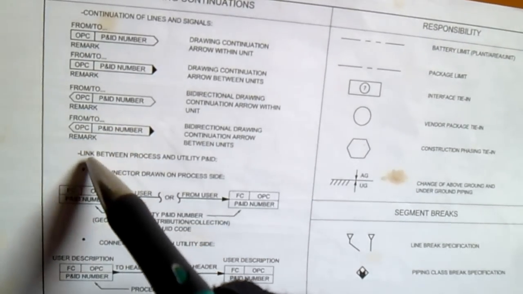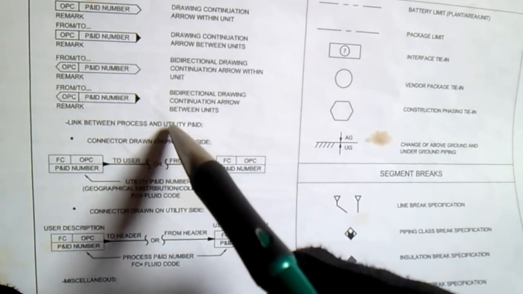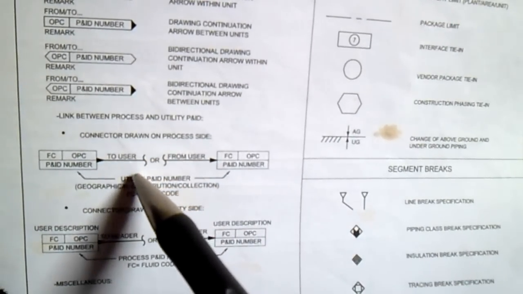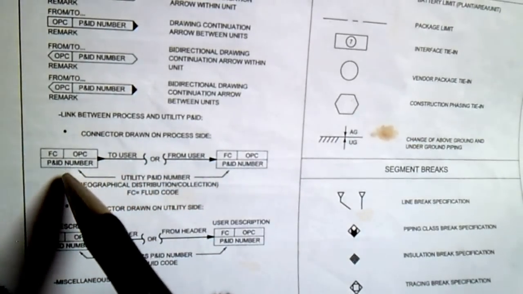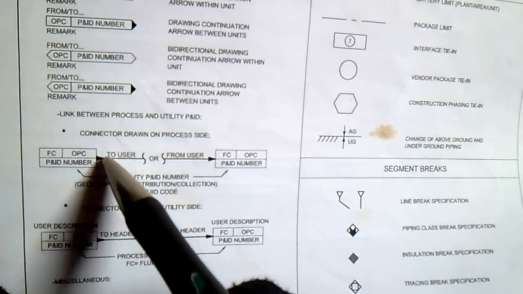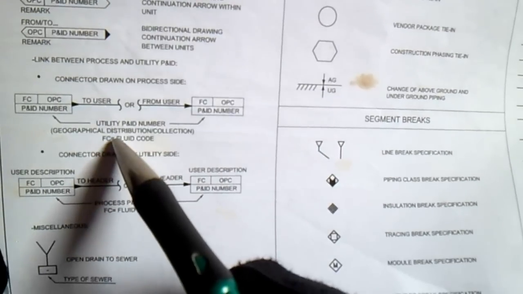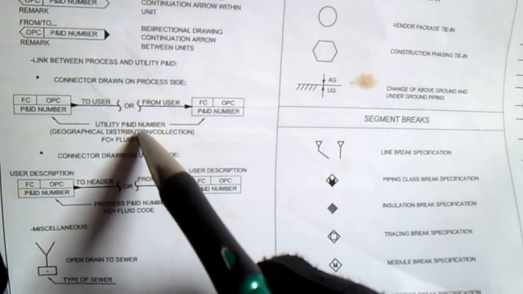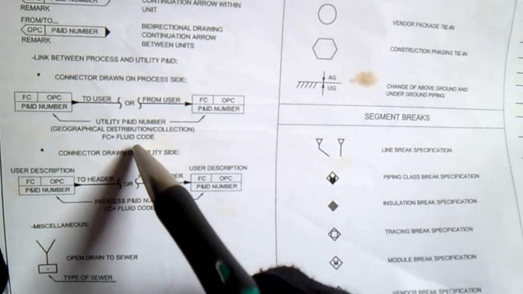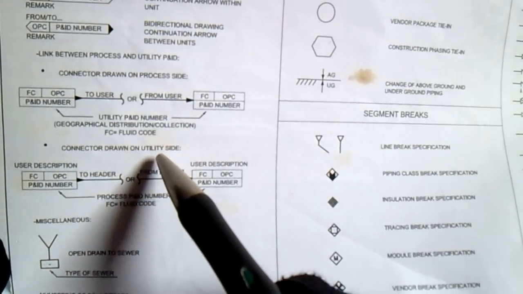So from, to, and link between process and utility P&ID. Okay, so this is FC OPC P&ID number, to user, from user. Okay, this is a utility P&ID number, geographical distribution collection, FC fluid code, connector drawn on utility side.